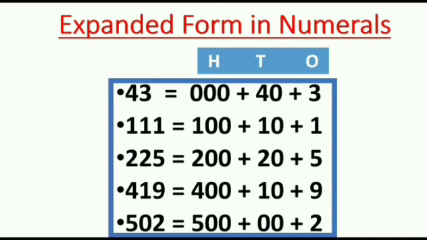For 225, we will get 200 plus 20 plus 5. In 419, we will break the number in 400 plus 10 plus 9. And in 502, we will get the breakdown number, that is 500 plus 0 plus 2. So like this we can expand the numbers on the basis of HTO method.